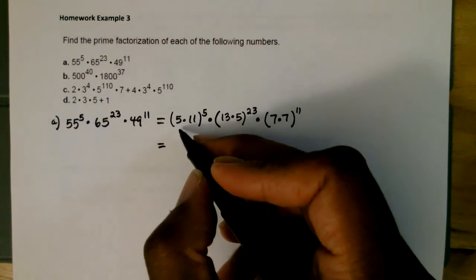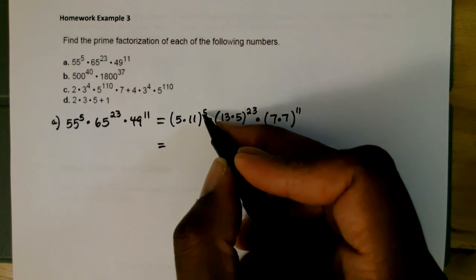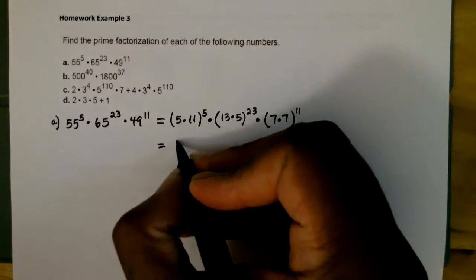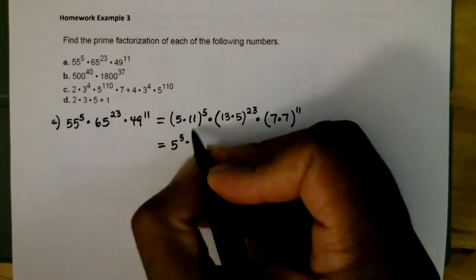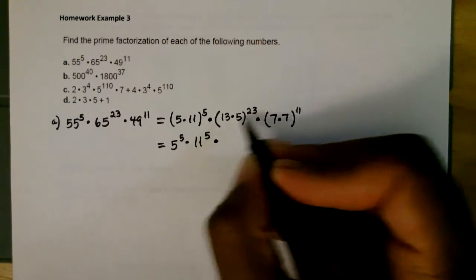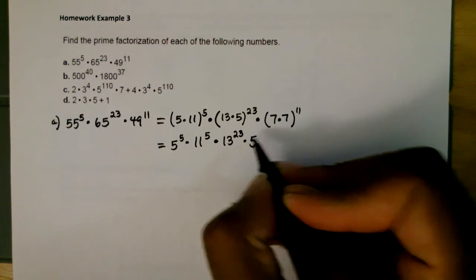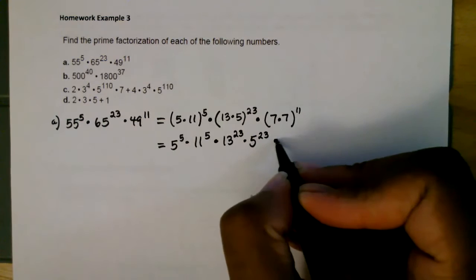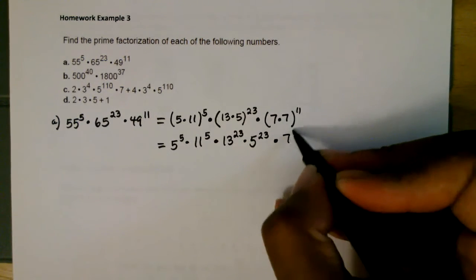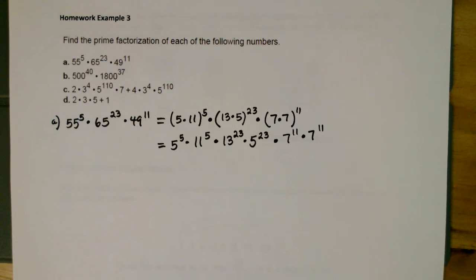If you raise a product of two numbers to a power, each factor will be to that exponent on the outside. So that 5 will be to the 5th power, times the 11 will be to the 5th power, times the 13 will be to the 23rd power, and the 5 will be to the 23rd power as well. And then what's in the parentheses will be to the 11th power. So the 7 will be to the 11th, and the other 7 will be to the 11th power.